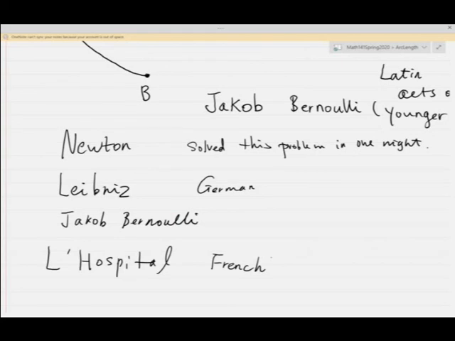I forgot which Bernoulli taught L'Hopital, you can search. One of the Bernoullis actually served as a private tutor of L'Hopital. And amazingly, the proof of L'Hopital's rule was published several centuries after this.